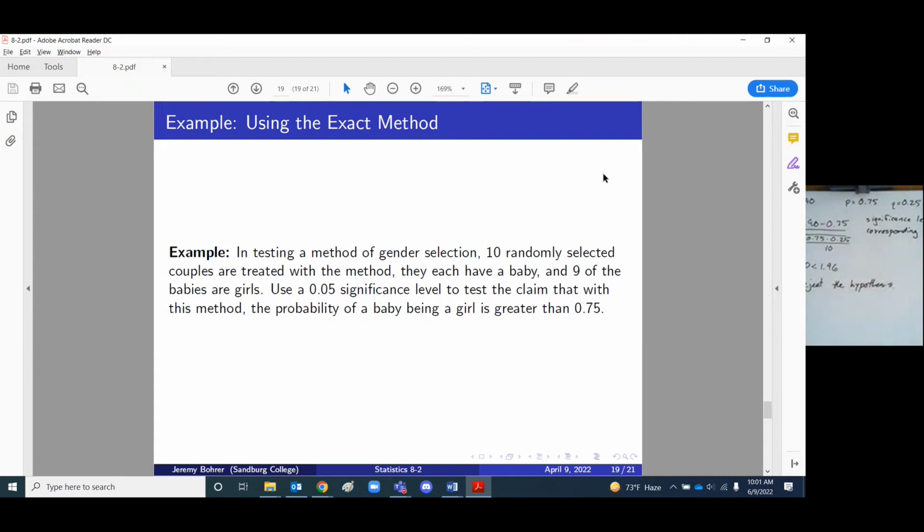The data we have does not support the claim. The sample size here is too small for this to be an accurate claim. It may be true that the proportion of babies born female is going to be 0.75, but we don't have enough data to state that for sure.